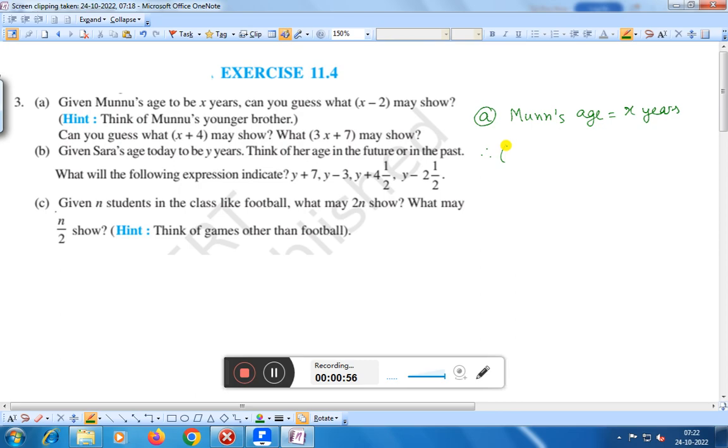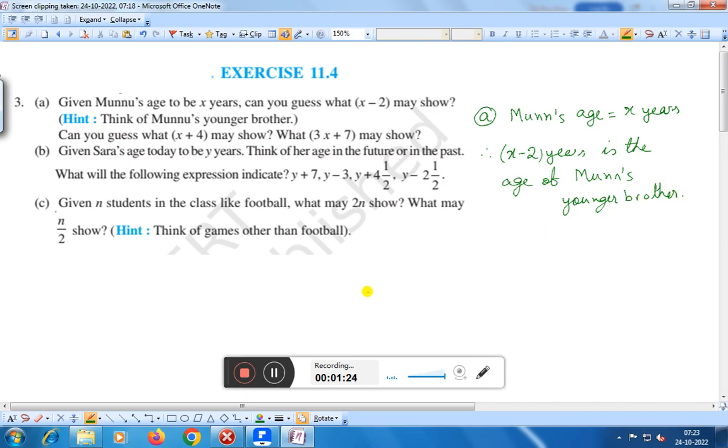Suppose x minus 2 years is the age of Manu's younger brother or younger sister, right?